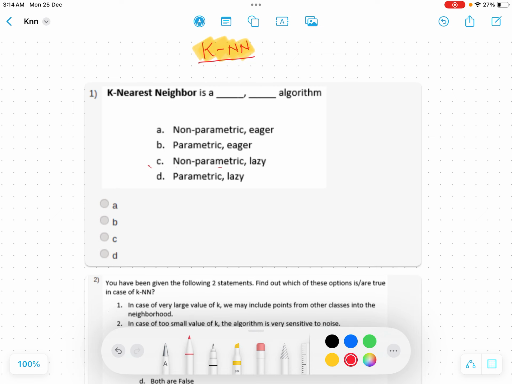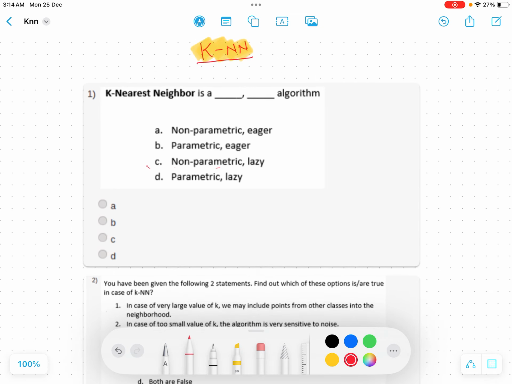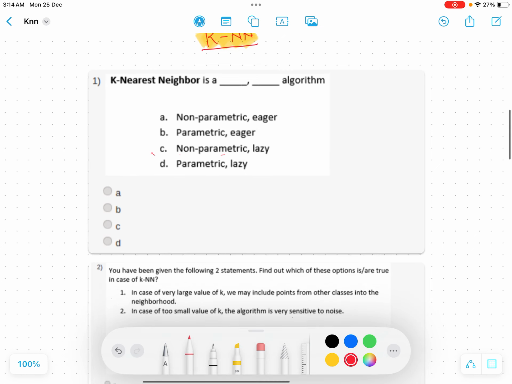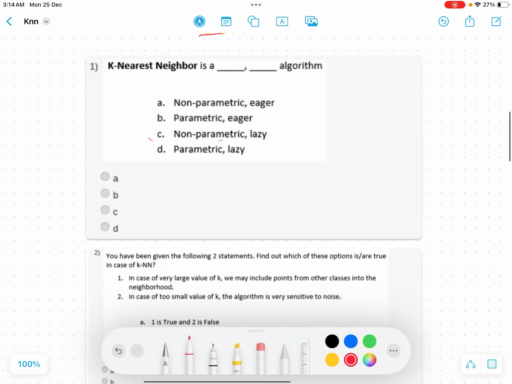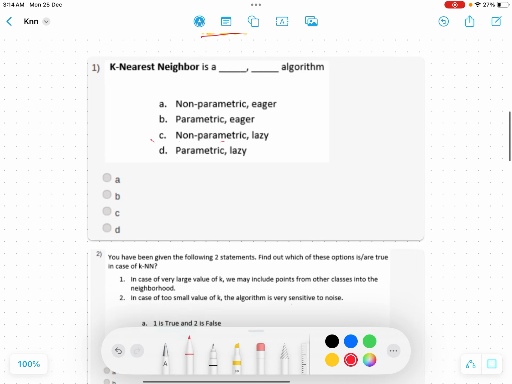You will find a separate playlist for this where we are practicing a few questions from machine learning, so that you can refer. There are not too many questions, but there are a few, so if you wish you can refer to that. Okay, so now let's look at these KNN questions.